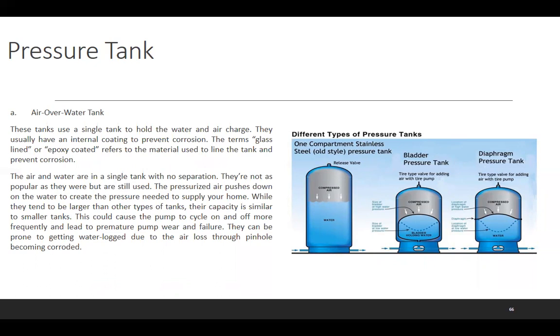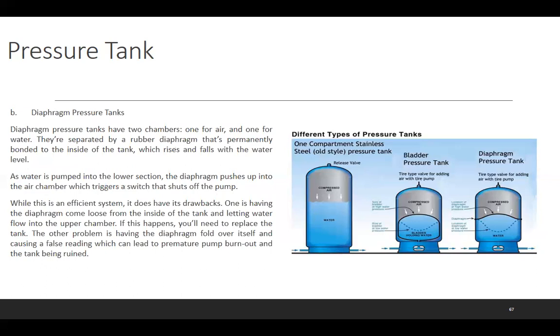The pressurized air pushes down the water to create pressure needed to supply your home. While they tend to be larger than other types of tank, their capacity is similar to smaller tank. This could cause the pump to cycle on and off more frequently and lead to premature pump wear and failure. They can be prone to getting waterlogged due to air loss through pinholes becoming corroded.